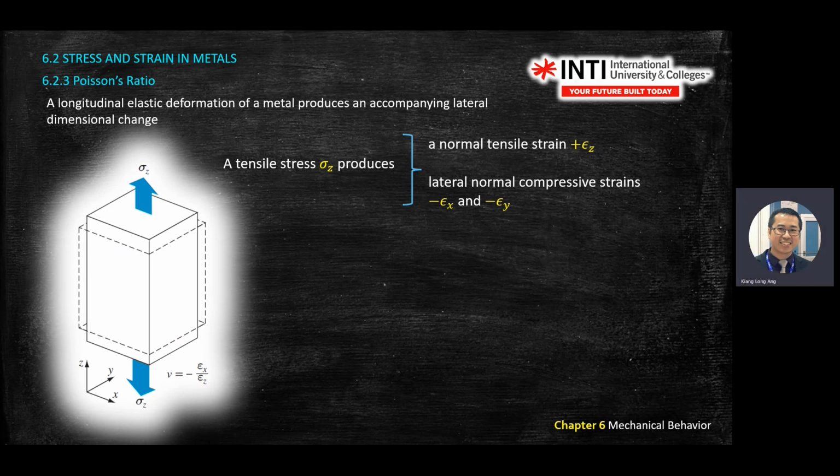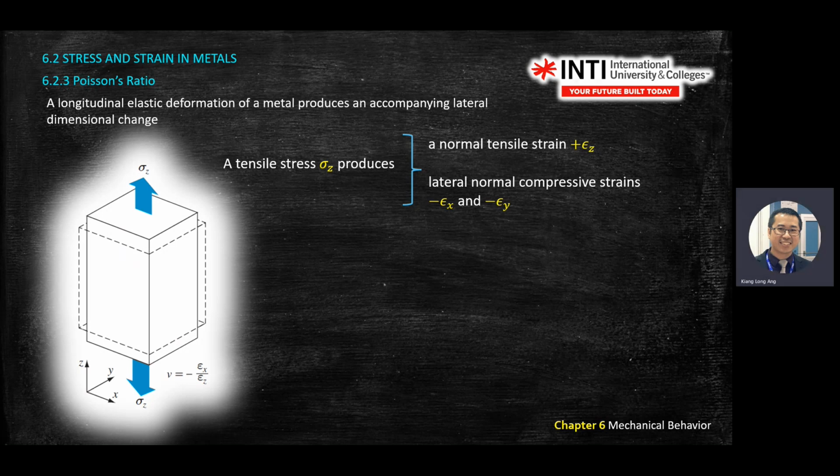So if you pull, this shape will shrink, right? If you pull this one, the ABCD shape will shrink, right?